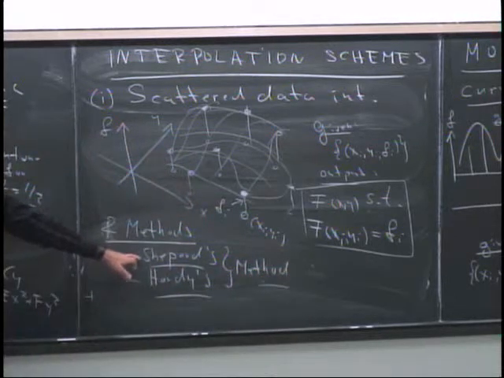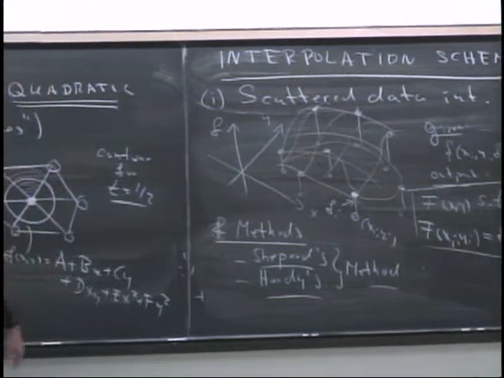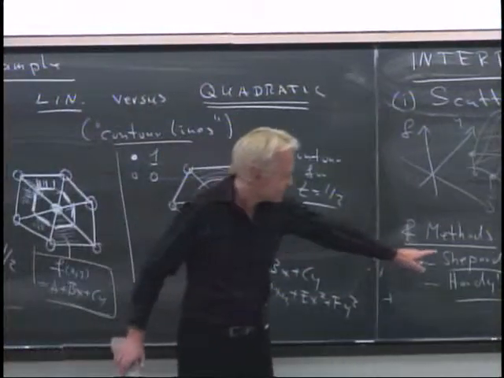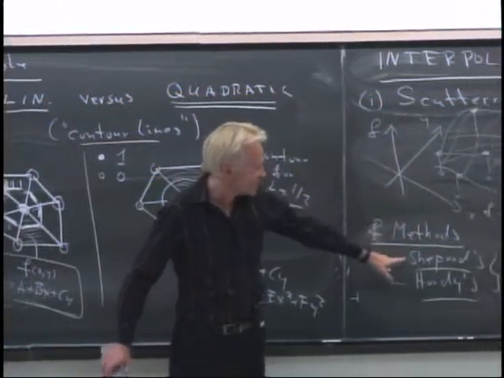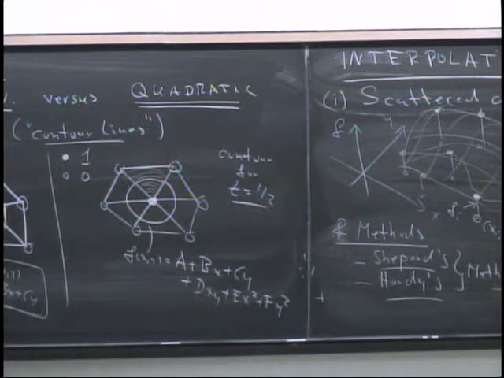This guy invented this when he was an undergraduate student, I think at the age of 16 or 17, here in the States. I forgot the university, but look him up. Look up Shepard's method, scattered data interpolation, and go to the original paper when you find it. Okay, so that's how we do that.